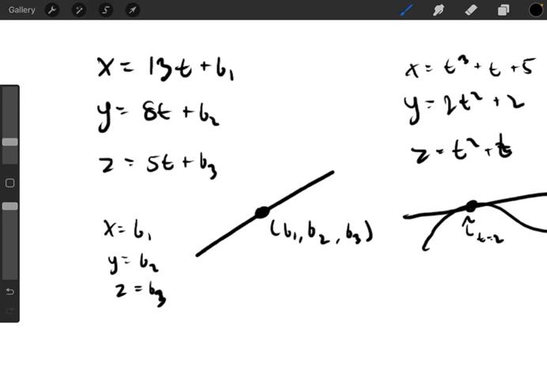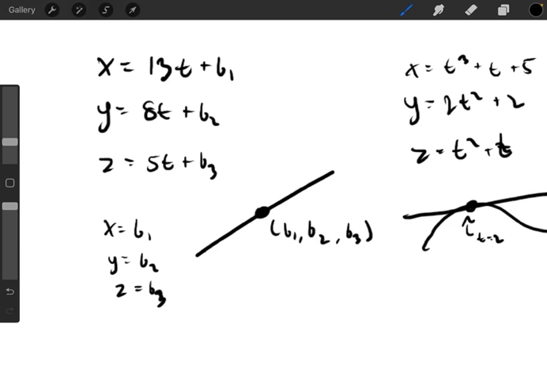Now, to ensure that this tangent line touches our curve, all we have to do is say that b1, b2, b3 are the coordinates on the curve when the curve is at t equals 2.